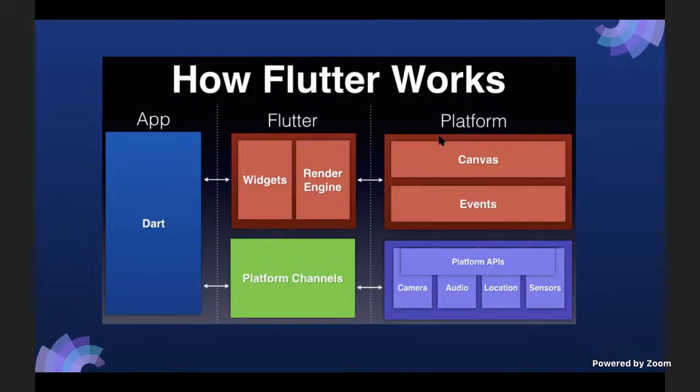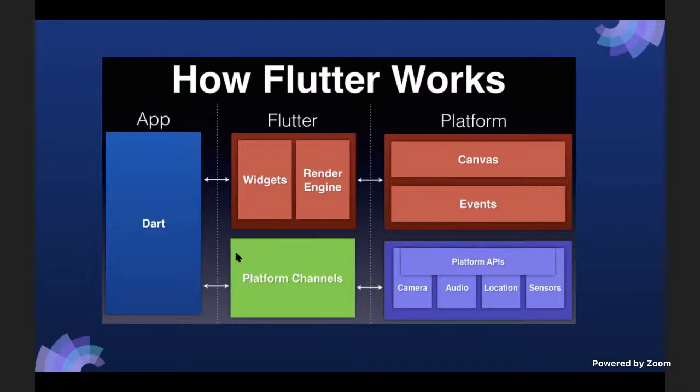Google, or let's say Flutter, has done it in such a way that there is a handshake between that and the native platform APIs, which is called platform channels. So any request you make from your Dart application will be sent through the platform channel. It's a middleman between your app and the native side of things. So for any request we are going to make, I'll say, for example, I need to turn on the camera on this device from my application.